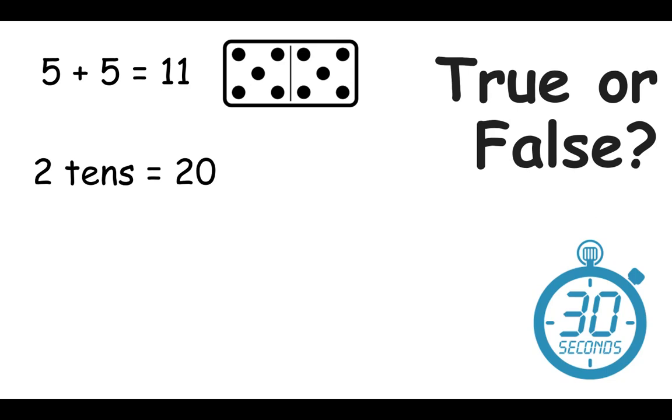And now, let's think about this. 2 tens is the same as 20. I'll give you some time to think about it.